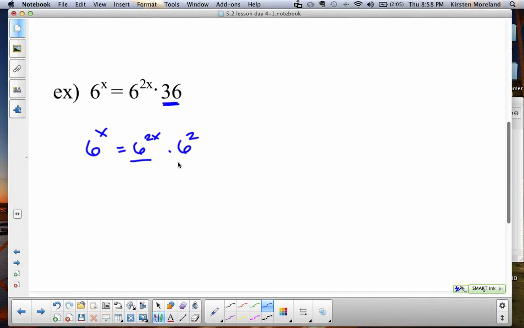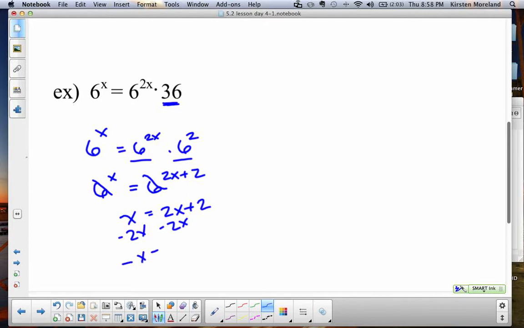When I multiply two bases, I add the exponents, so I get 6 to the x equals 6 to the 2x plus 2. I have a common base now. I cross them out. Get x equals 2x plus 2. Subtract 2x from both sides. Negative x equals 2, then x equals negative 2.